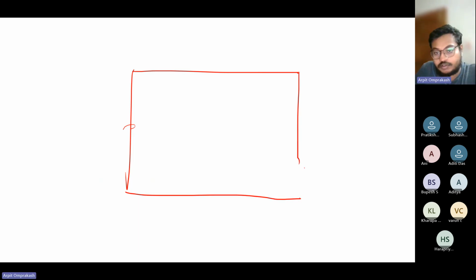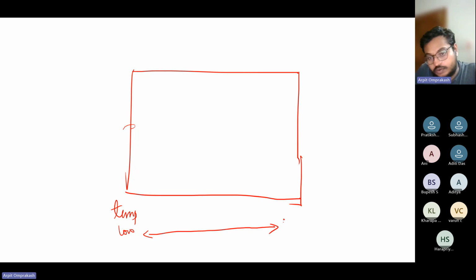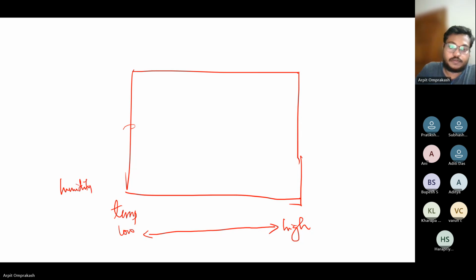let's say we have a large area here, and let's say temperature from this corner to this corner goes from low to high, and humidity goes from low to high on this side, right?